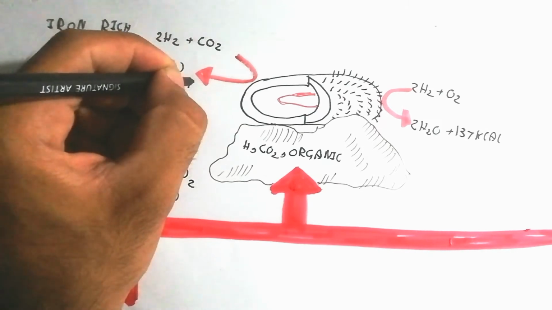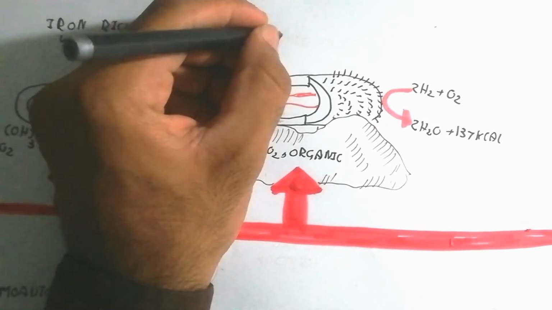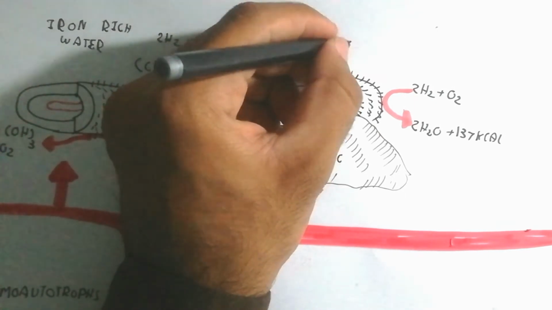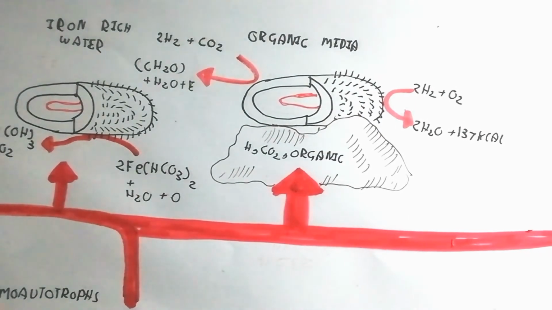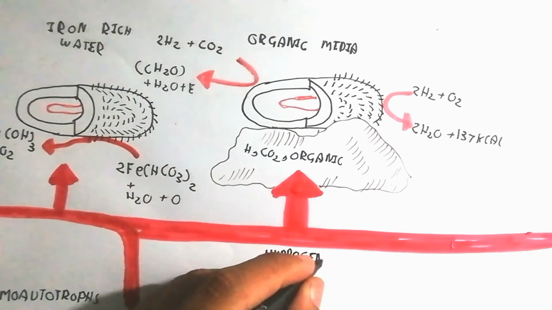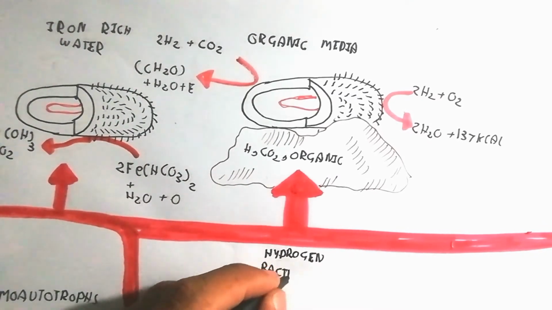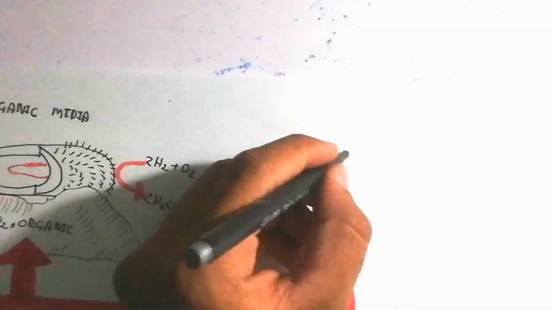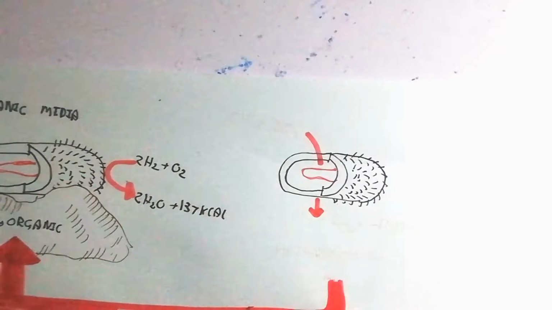They are present in organic material containing carbon, hydrogen and oxygen, which is used by the hydrogen bacteria for fixation in the organic media.